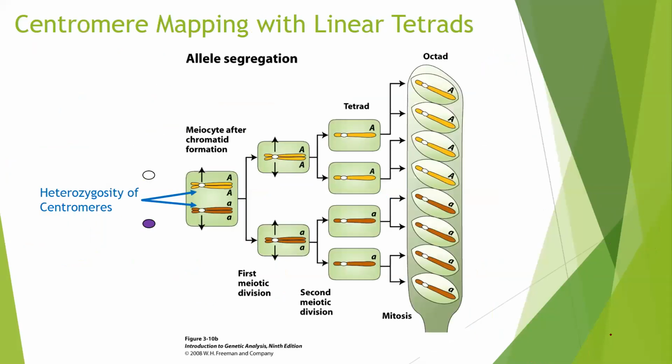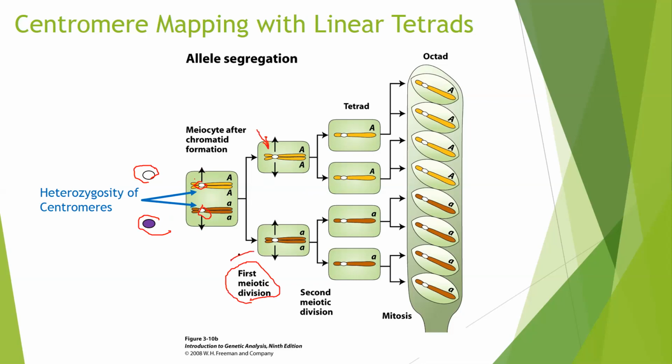So let me show you. Because in this diagram I cannot label the centromere using a different color, I show you: this one is the white one, and this one is the purple one. Now, this is the meiosis, the first meiotic division.